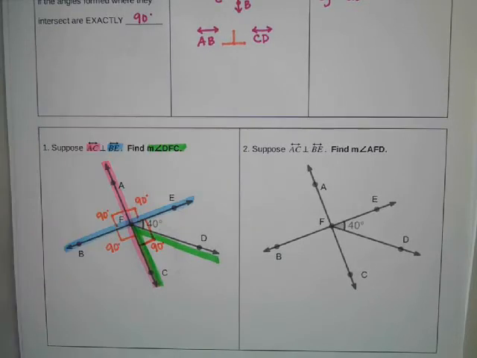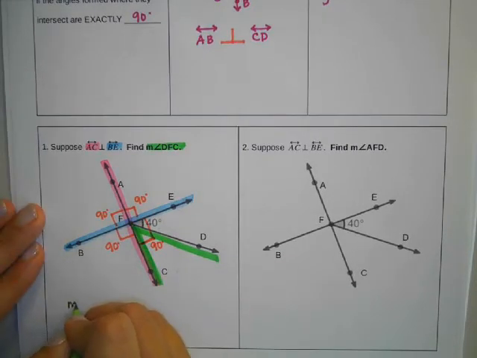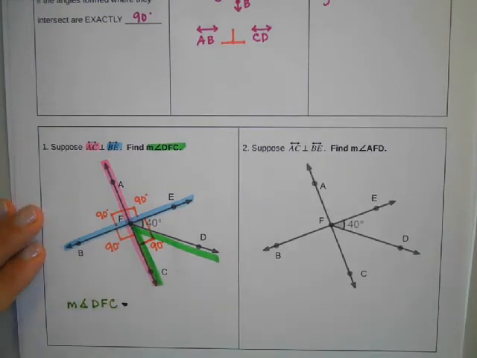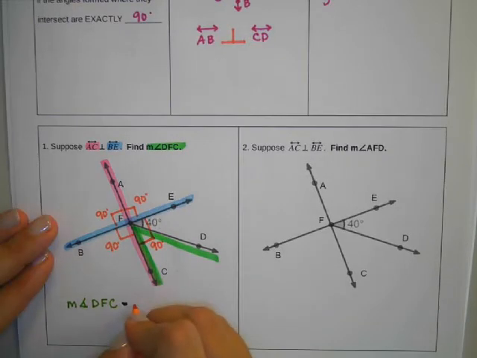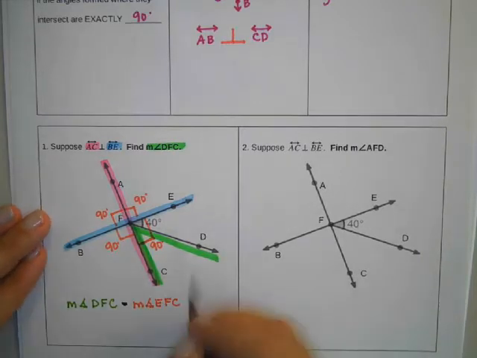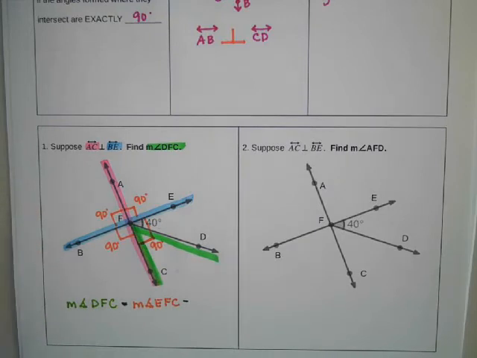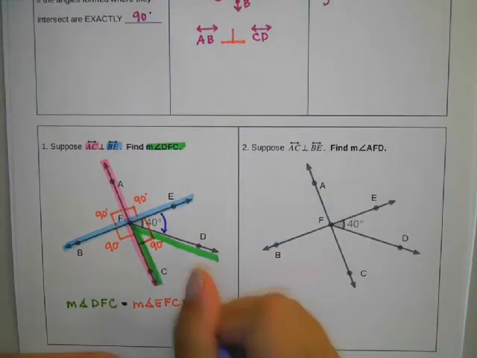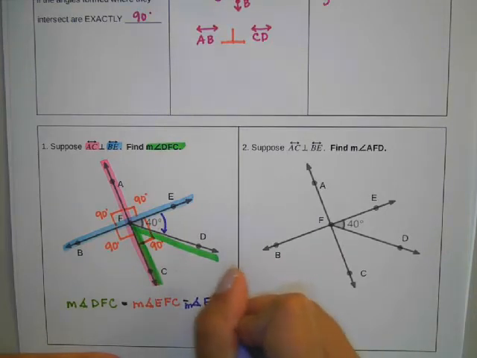In this case, the measure of angle DFC would be equal to the measure of that entire 90-degree angle, so the measure of angle EFC, minus, take away that other small angle, the measure of angle EFD.